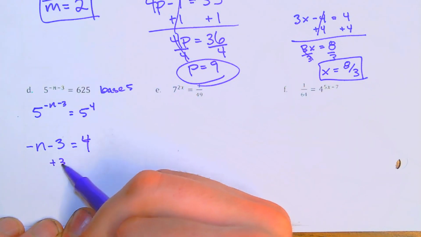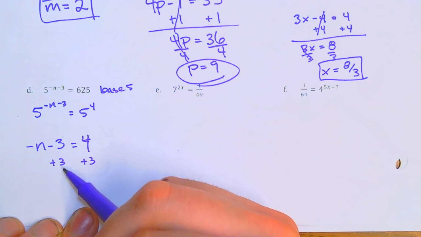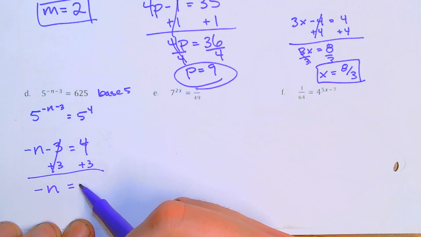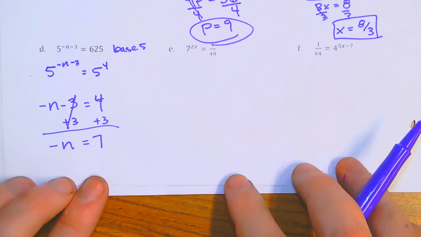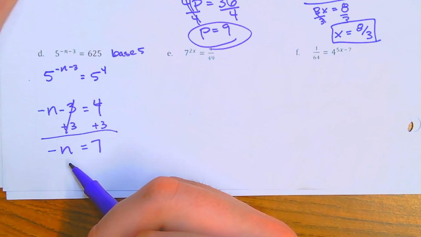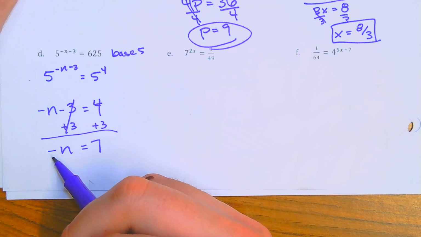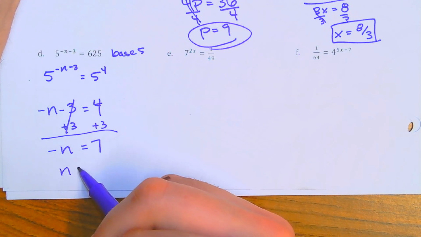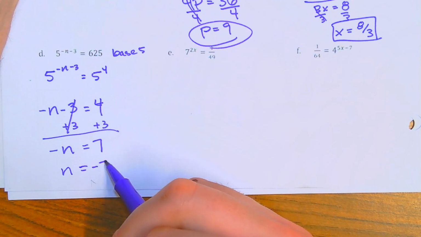Add your 3 to the other side. Those cancel. I'm left with a negative n equals 7. Okay? Now, a quick trick. I'm looking for a positive n, correct, as an answer. So if negative n equals positive 7, then positive n equals negative 7.